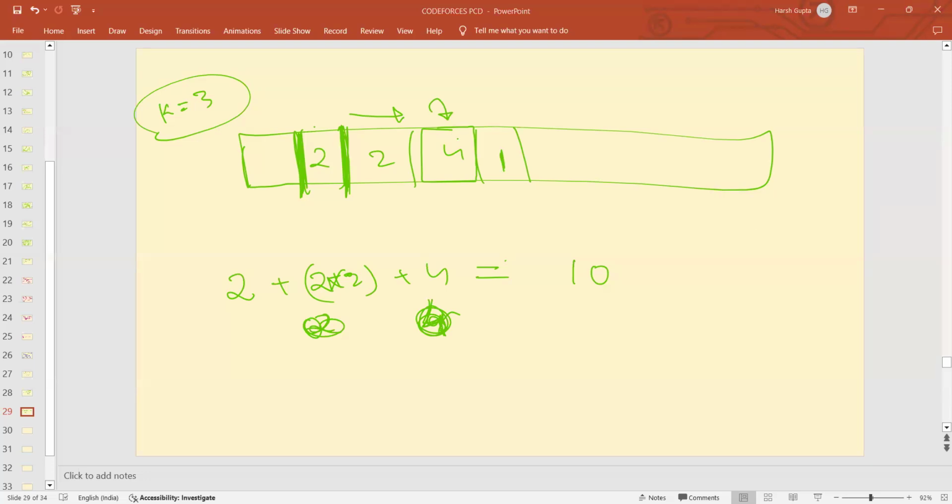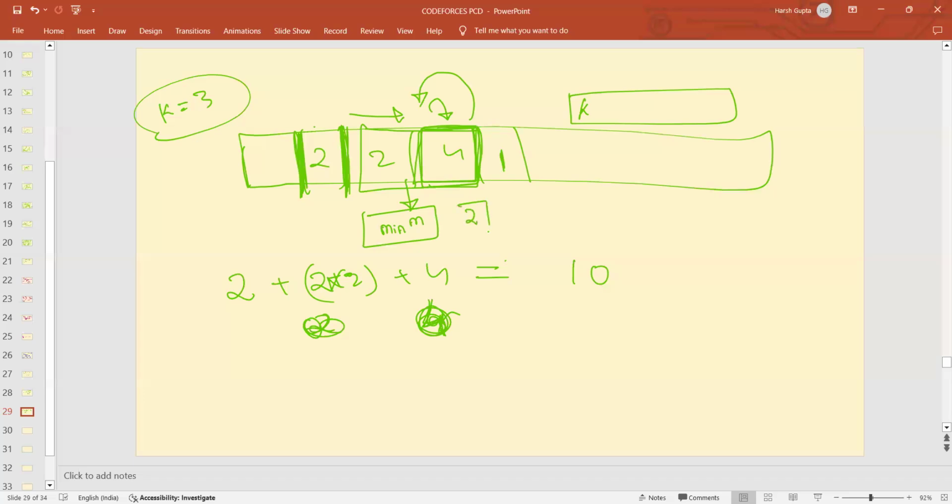Our aim is to push some maximum element in between instead of keeping it at the corner, in between of the k-length subsequence so that I am able to add it twice. So what I will do is, from these k minus 1 elements, I will take the minimum value.